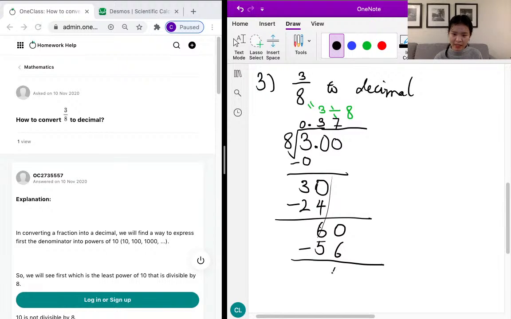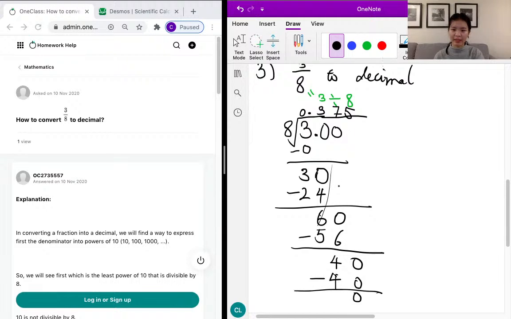And 60 minus 56 is 4, so we drop another 0 to get 40. Right over here, we put a 5, because 5 times 8 is equal to 40. And 40 minus 40 is equal to 0. There, we have no remainders, and we have our answer, which is the decimal 0.375.